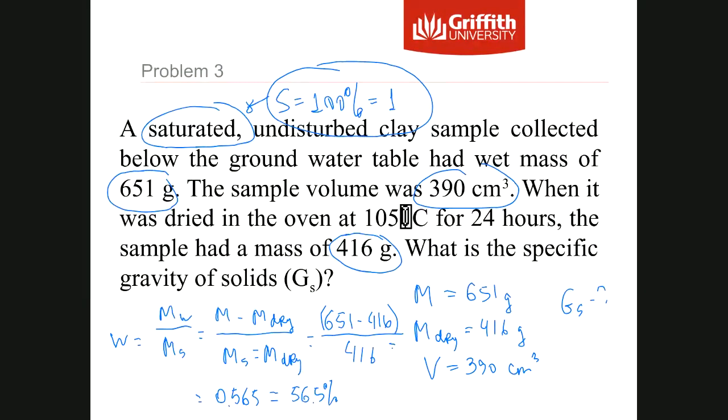Another thing that we can find is dry density. Dry density is mass of dry soil divided by total volume.